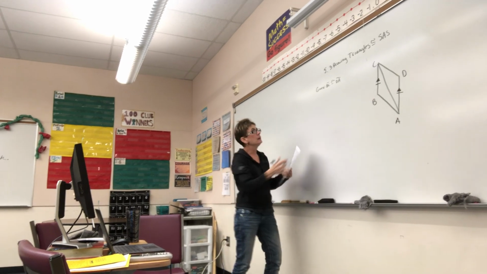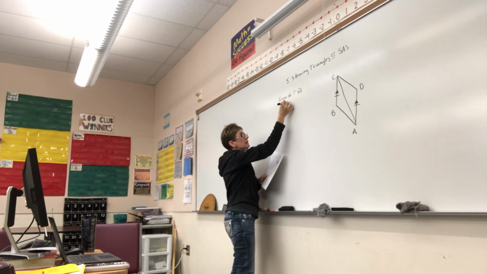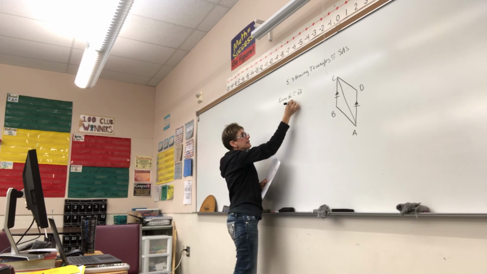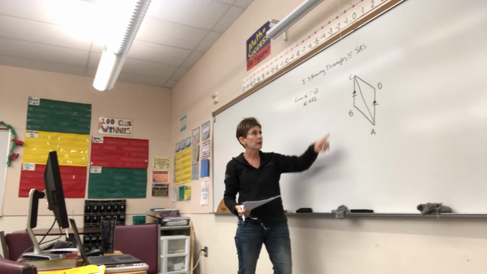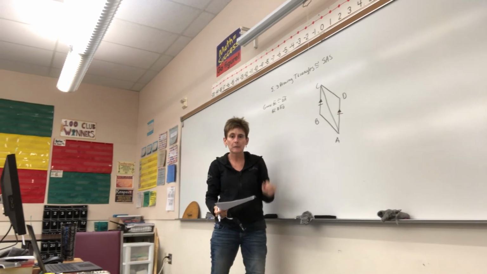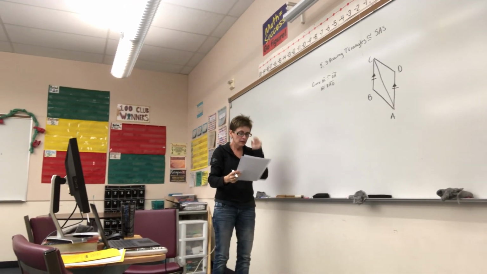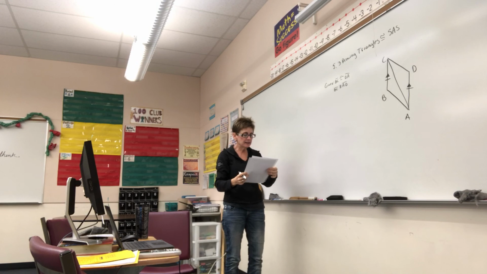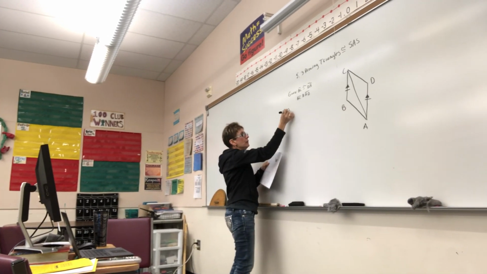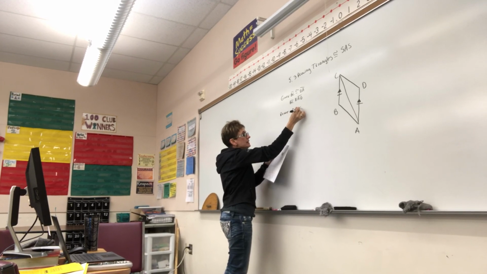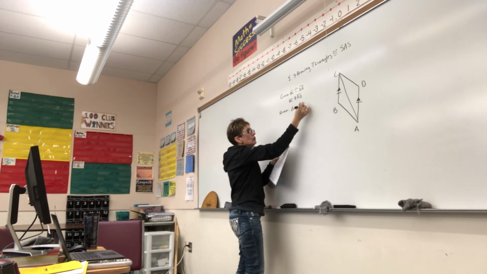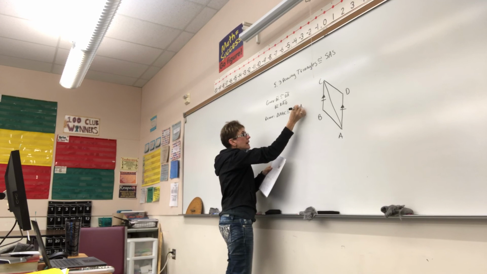Also, we're given that BC is parallel to AD. We also know that from our figure because of the triangles here, okay? Then the statement says next, prove that triangle ABC is congruent to triangle CDA.